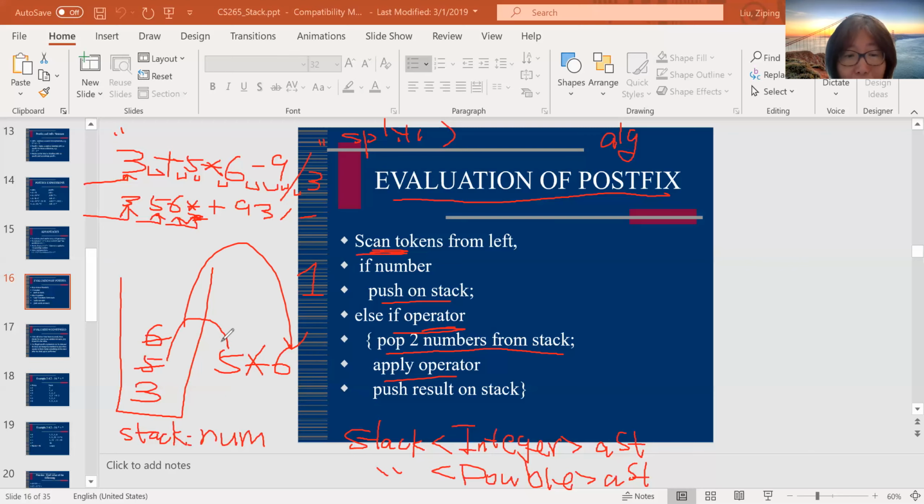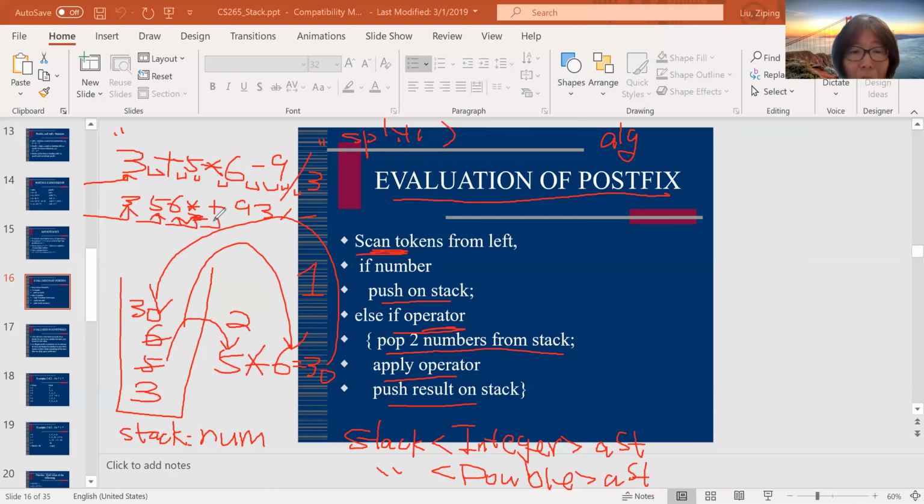And the second one out, you put it to the left of the operator. Be careful about this because it does matter for division and minus. And we calculate the result, and it is 30, is it? And then you need to push it back.